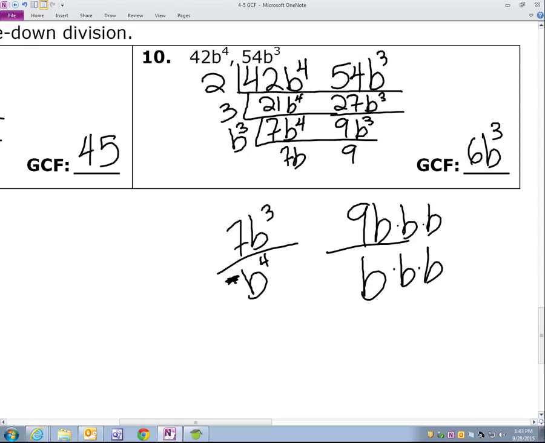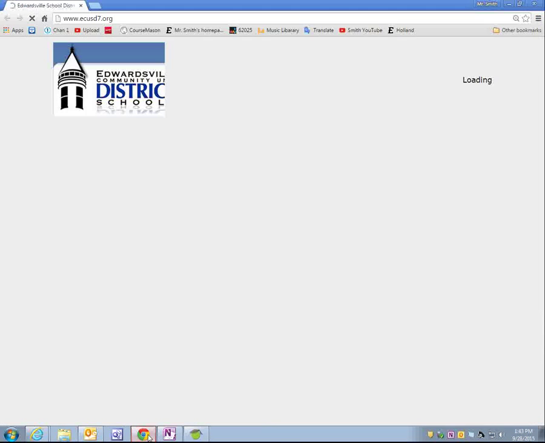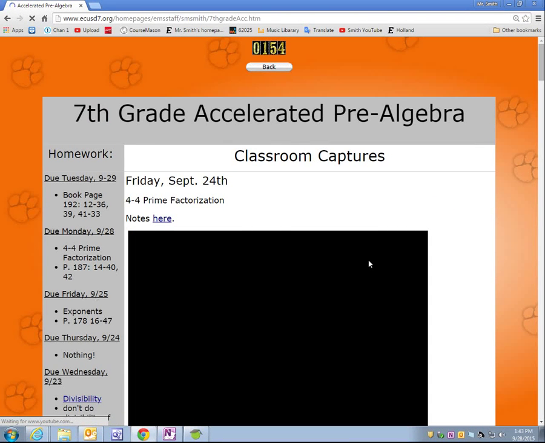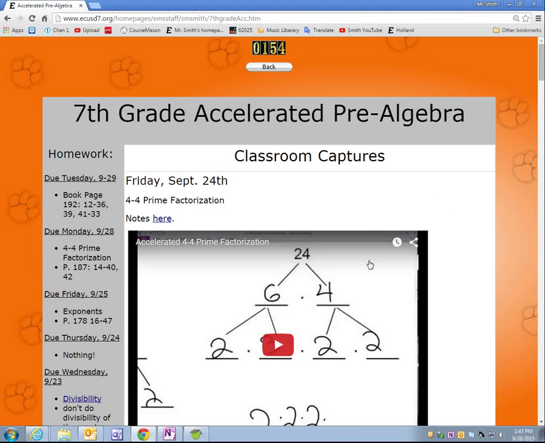No, it's going to tell you on, let's see here. Page 192, 12 through 36. So let's see what it says on page 192.